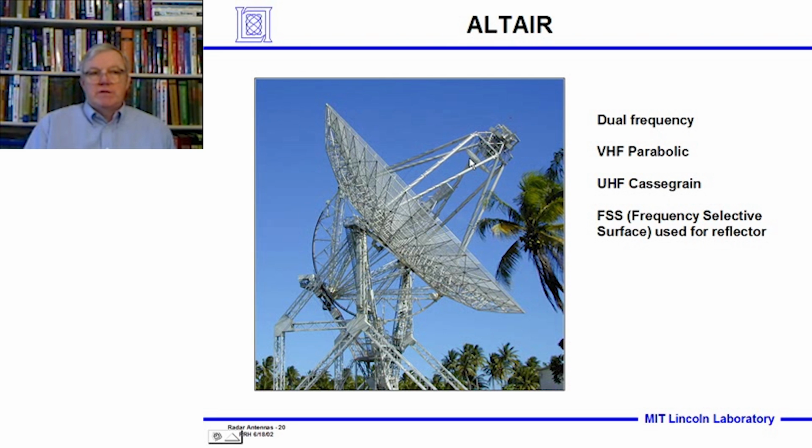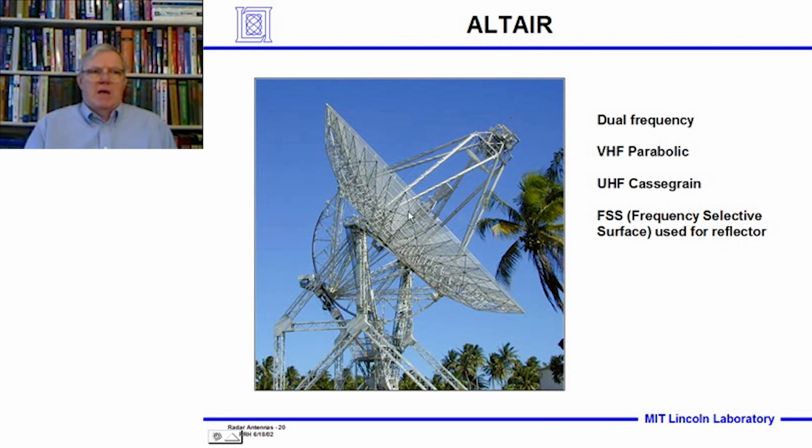Well, you say, gee, doesn't this subreflector get in the way? Well, it's made with a frequency selective surface. Think of it as a metal plate with holes in it that are designed to let VHF energy through, but to reflect UHF energy.